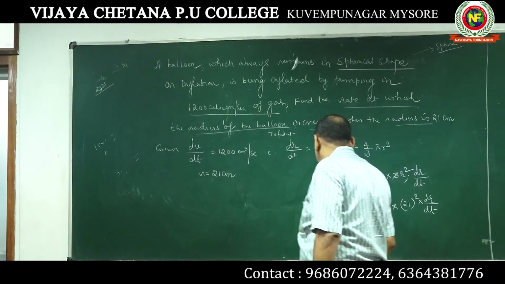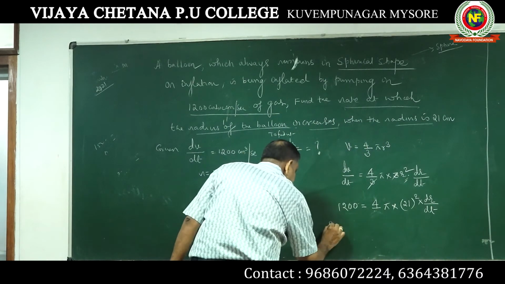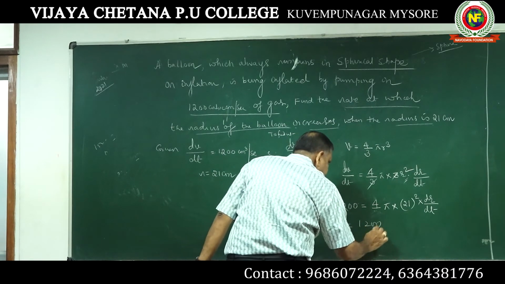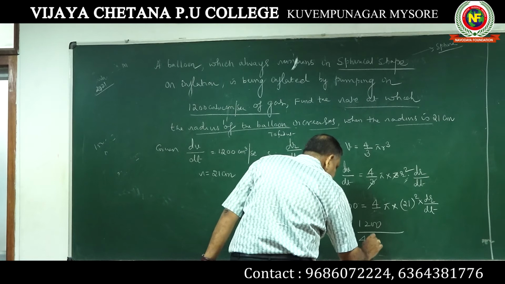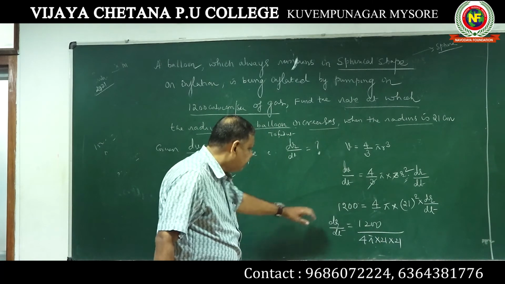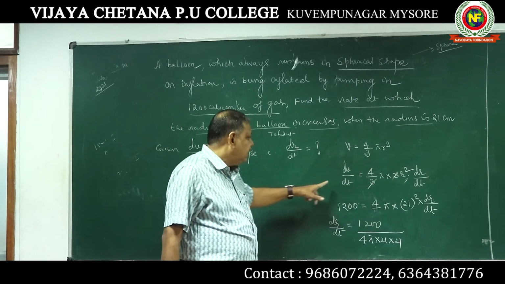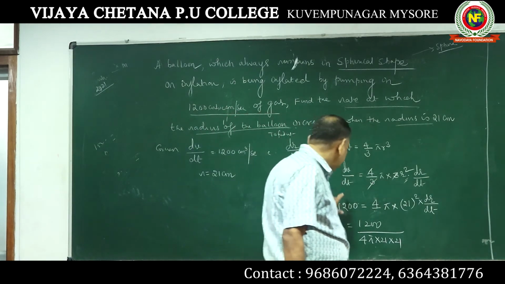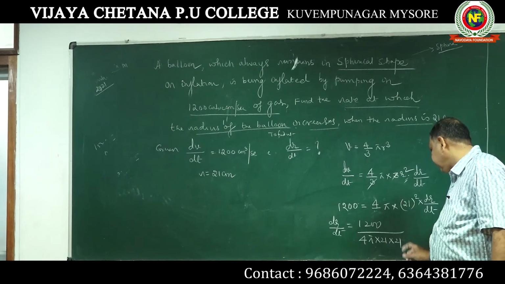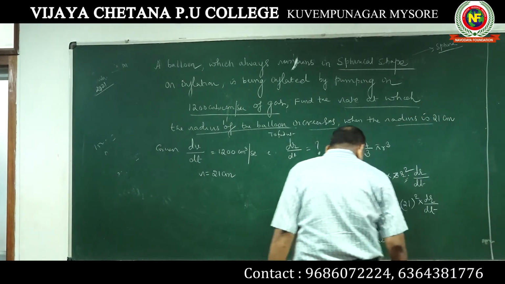Or dr by dt is equal to 1200 by 4 pi into 21 into 21. See here carefully. 3 I have cancelled here. And dV by dt is 1200 by 4 pi 21 into 21. You can cancel here.